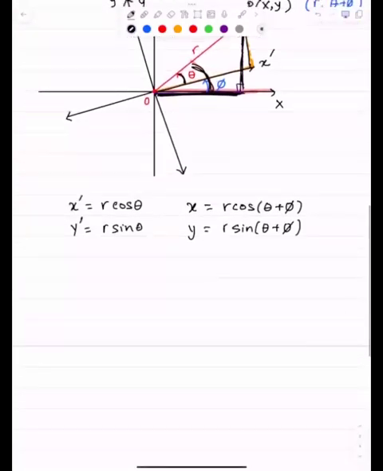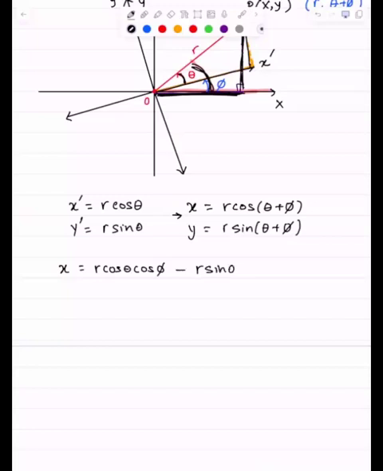Let's expand this out using our sine addition and cosine addition formulas. We get x is r cosine theta cosine phi minus r sine theta sine phi.